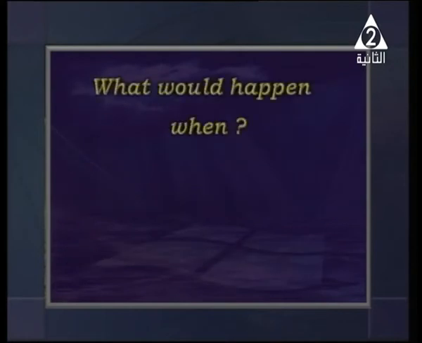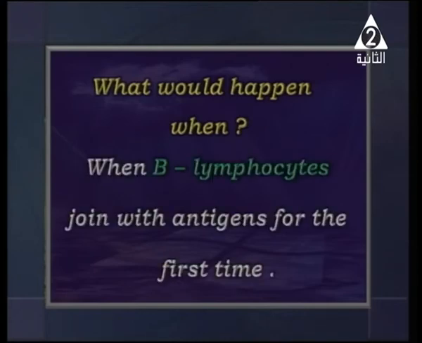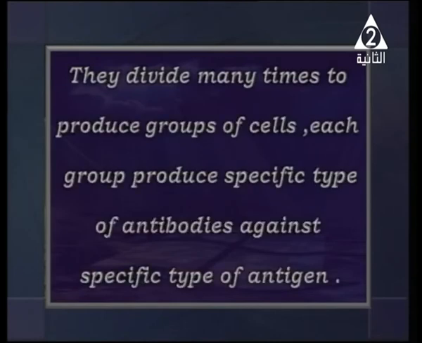Well, the question here is, what would happen when the B lymphocytes join with the antigens for the first time? This is one of the most important questions in your lesson. What's going to happen? Let's show that. Number 1, they divide many times to produce groups of cells. Each group produces a definite type of antibodies against a specific type of antigen.